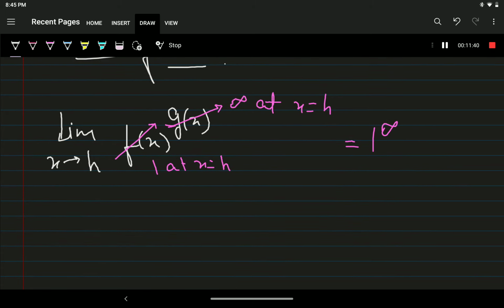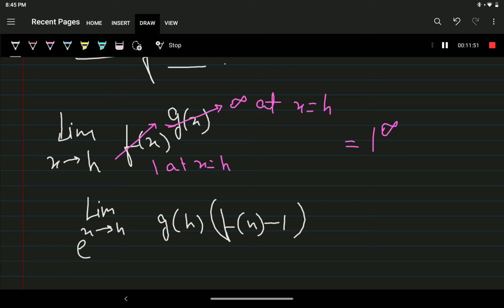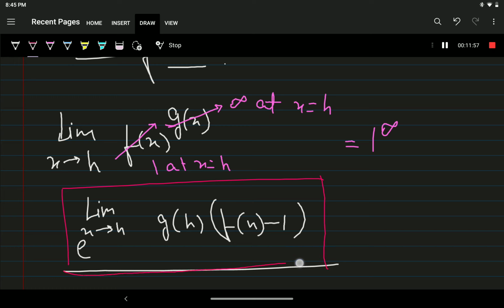So what we will do is we will write e to the power limit x tends to h, g of h into f of h minus 1. Solve these types of questions, which are of 1 to the power infinity form, with this formula.